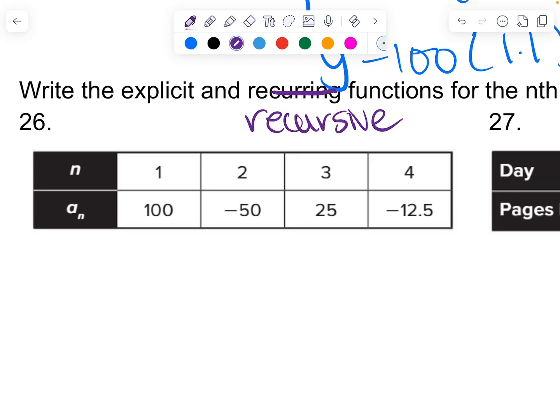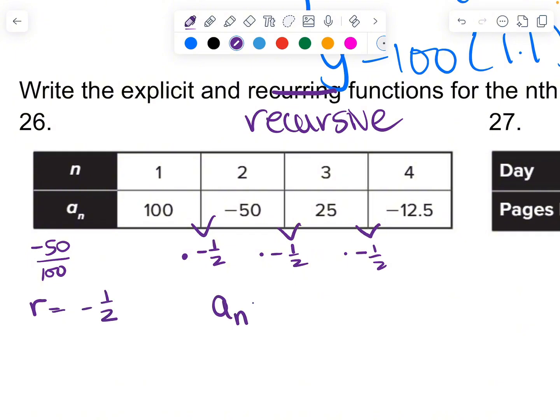So let's see. Negative 50 divided by 100. That's going to give us times by negative 1/2. These two times by negative 1/2. Yes, this times by negative 1/2. Oh, yes. So that works for all of these. So that means my ratio is negative 1/2.